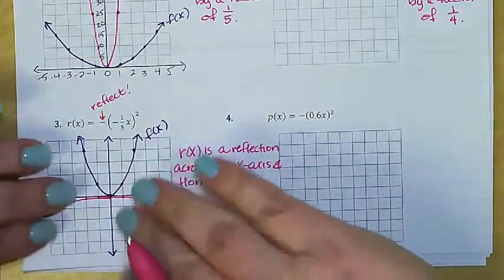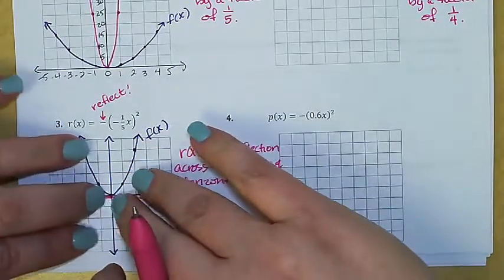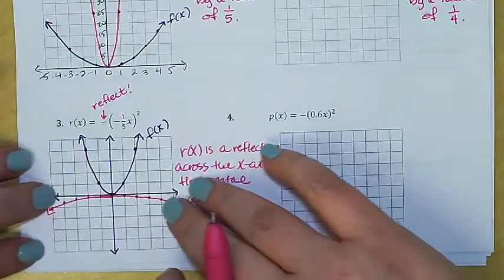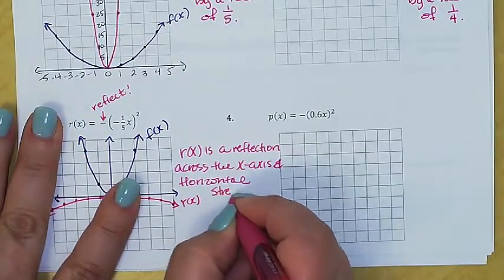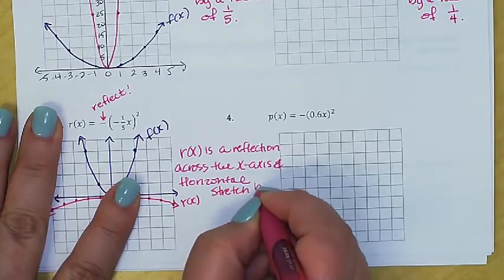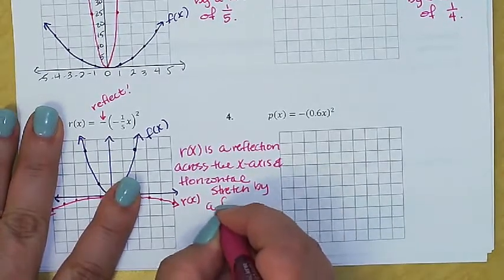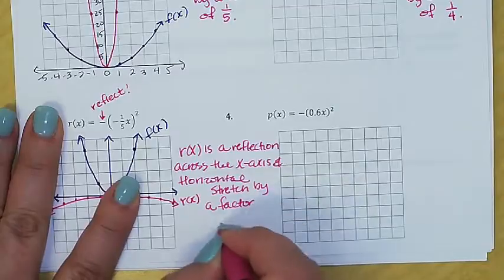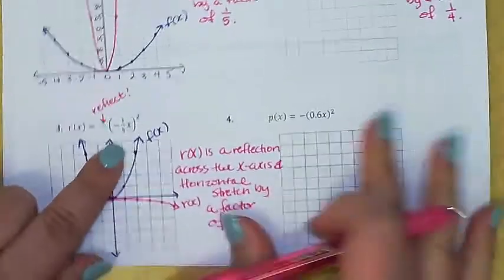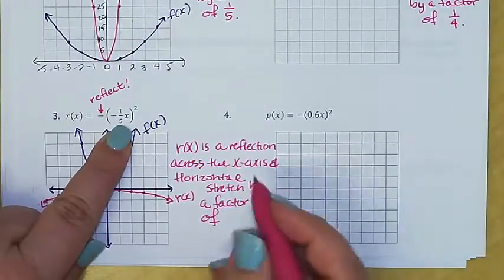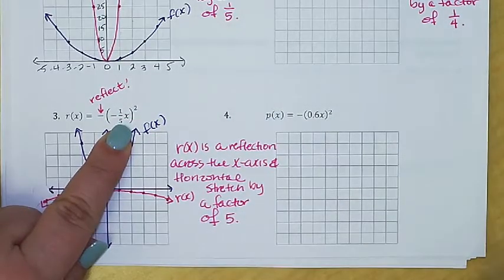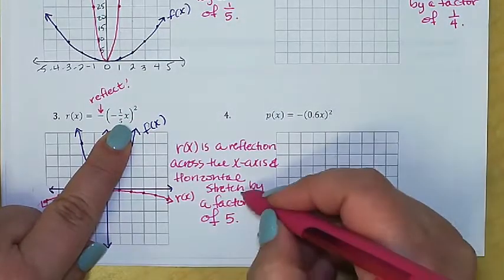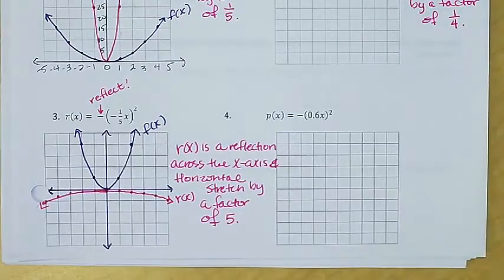So from a horizontal perspective, that wide graph, it's like if we had grabbed the purple one and stretched it out. So horizontal stretch by a factor of, and again, we're going to take the reciprocal of this. So if I flip that fraction, it's just 5/1 or just 5. So a stretch should always be a large number, or greater than 1.